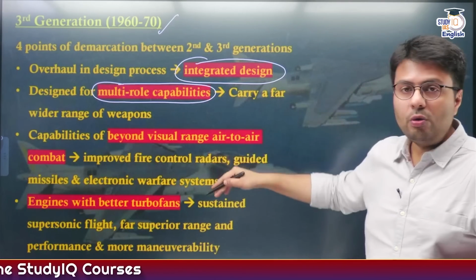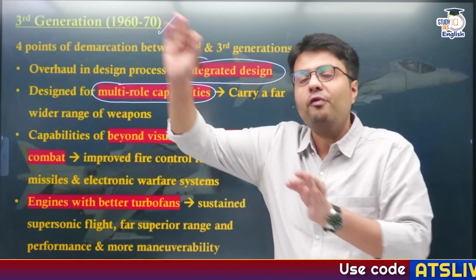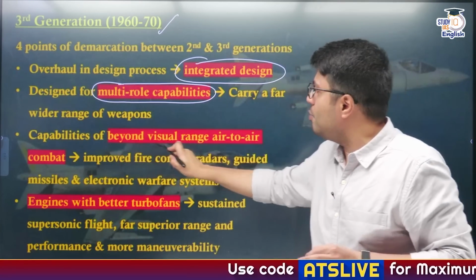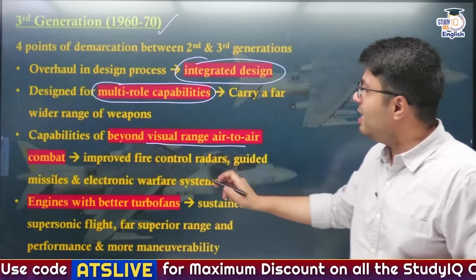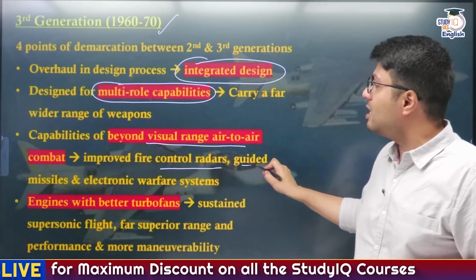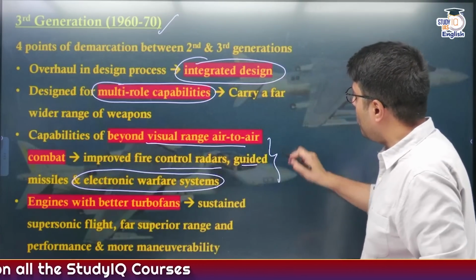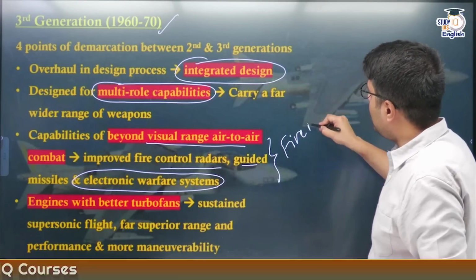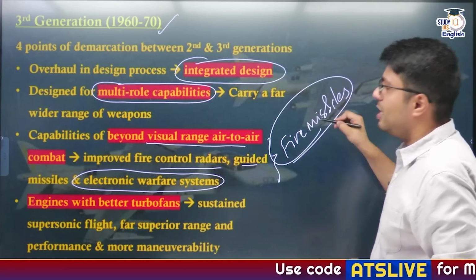Also, the capabilities of these aircraft improved in terms of how far they can engage their enemies by use of beyond visual range air-to-air combat missiles, and that is why they had improved fire control radars, guided missiles, and even electronic warfare systems that allowed them to fire missiles at much longer distances as compared to the previous generation aircraft.